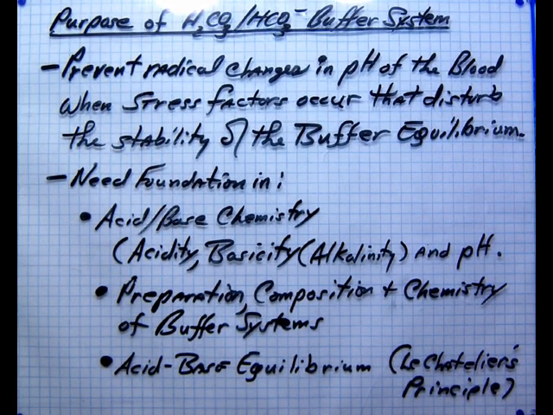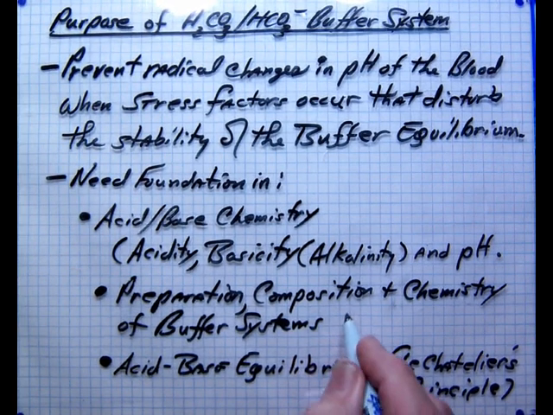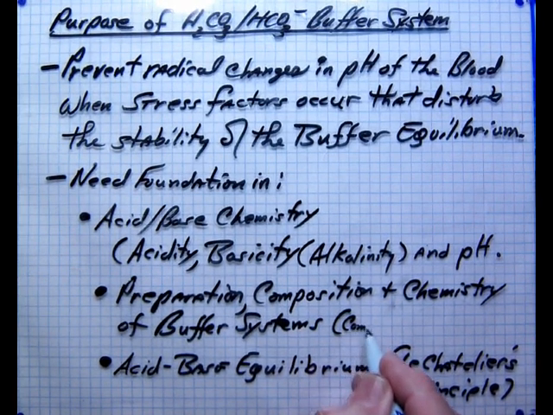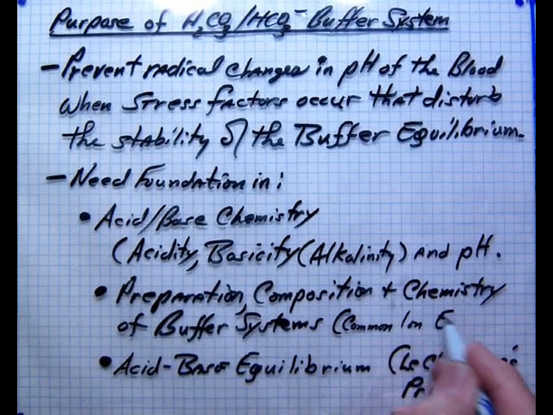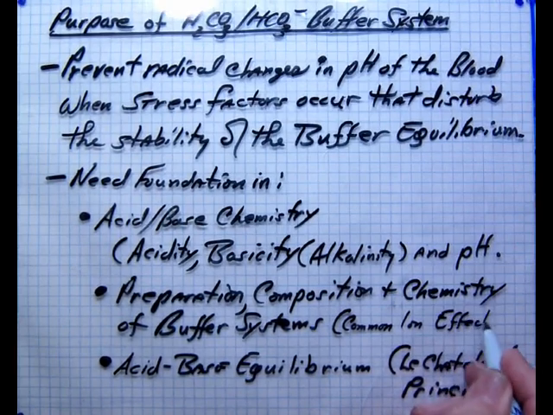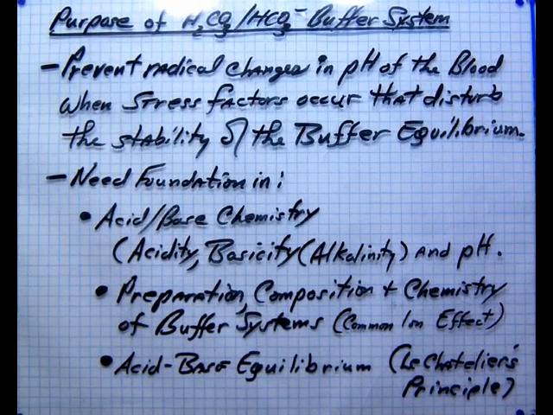The buffer system functions based on a process known as common ion effect, which, by textbook definition, functions to decrease the extent of reaction or ionization of the carbonic acid, and retard it if its common ion is present.